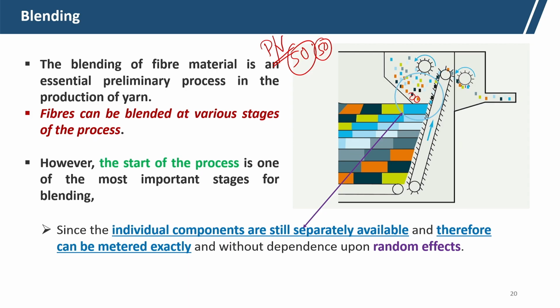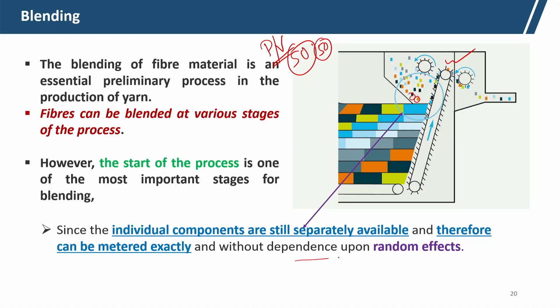That is very important, and we can get the actual blend, but in draw frame and even in carding it is very difficult to maintain the blend percent exactly without depending on the random effect. Because in the blow room line we can blend the fiber with a particular blend percent, and randomness will come because for the subsequent processes like carding and draw frame, it will automatically get random.